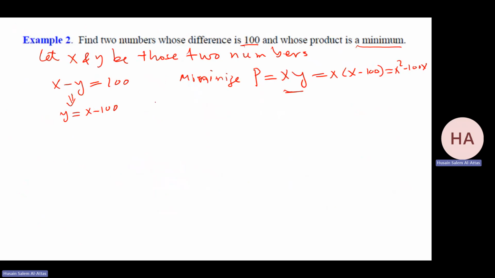So I have to find the absolute minimum of this function, call it p of x, which is x squared minus 100x.